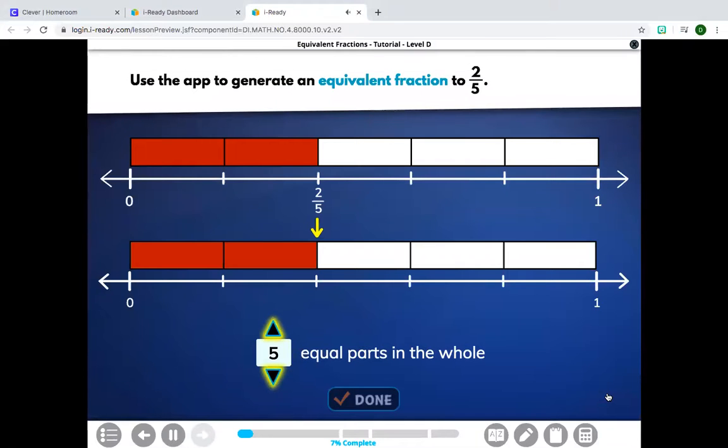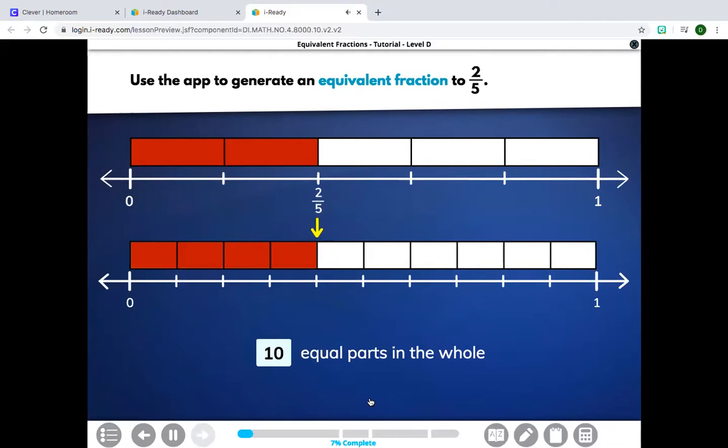Now use the app to generate an equivalent fraction to 2/5. Remember, equivalent fractions are fractions that name the same point on the number line. They have the same value. So let's go to 6, 7, 8, 9. It's 10. Good.